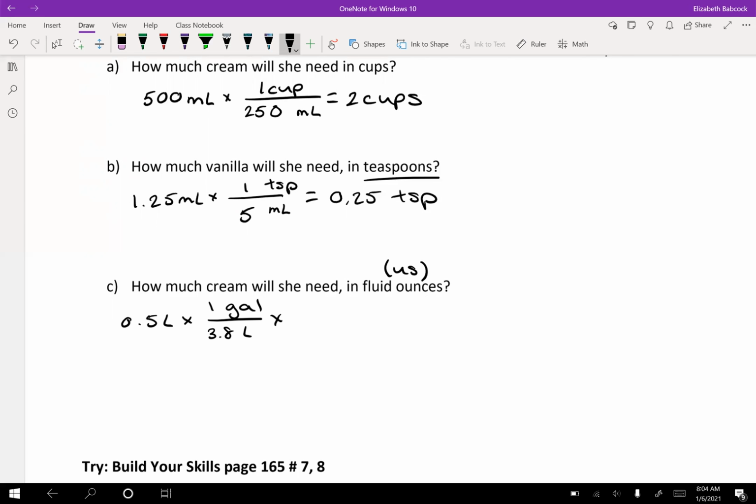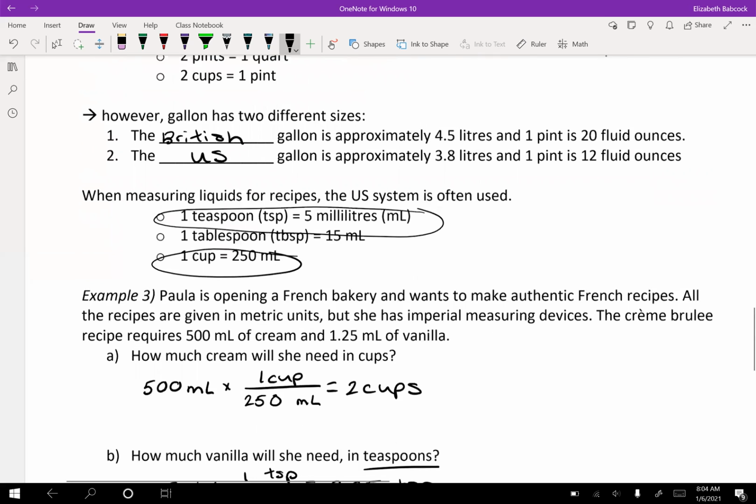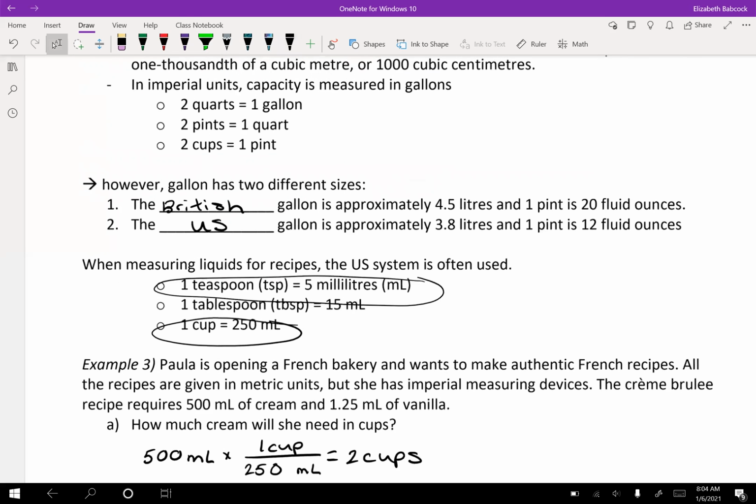So I'm going to go from gallons down to quarts, and then from quarts down to pints, and then pints to fluid ounces.